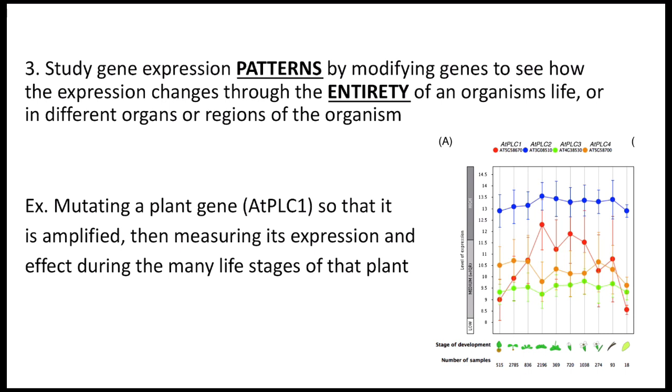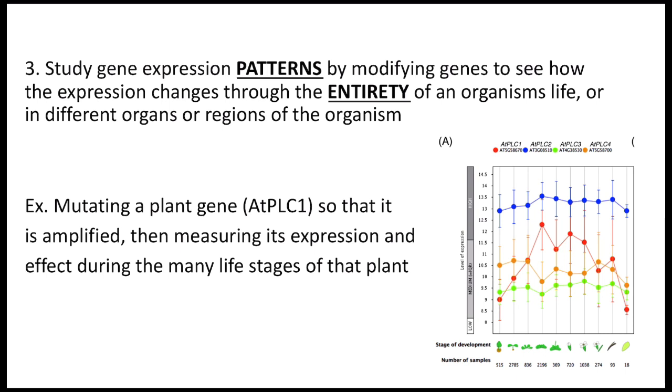So being able to see as the plant progresses how much the gene is actually being amplified at these different stages. So compare this, for example, to human growth hormone, in which it is much more important for a baby or a child because it allows them to grow bigger than this gene for growth hormone would be at an adult stage where we've stopped growing.